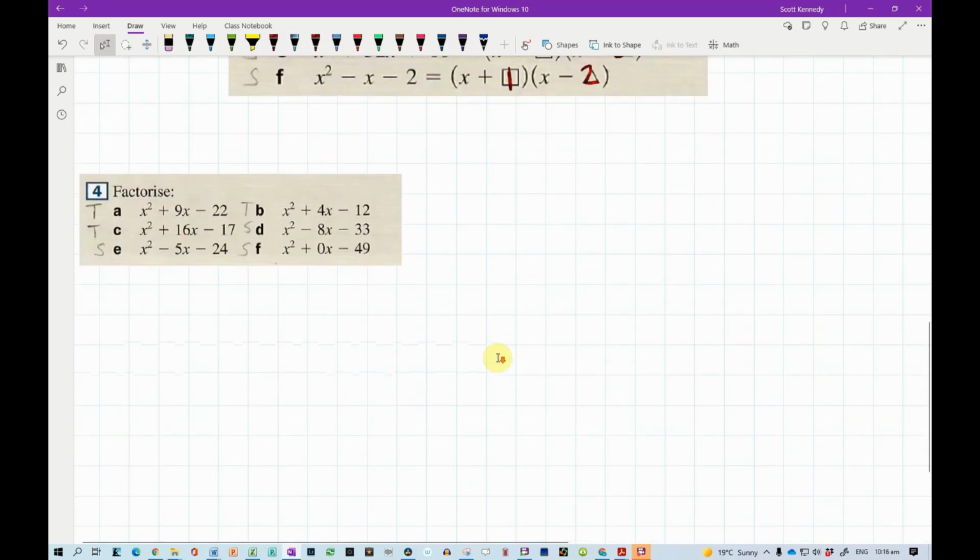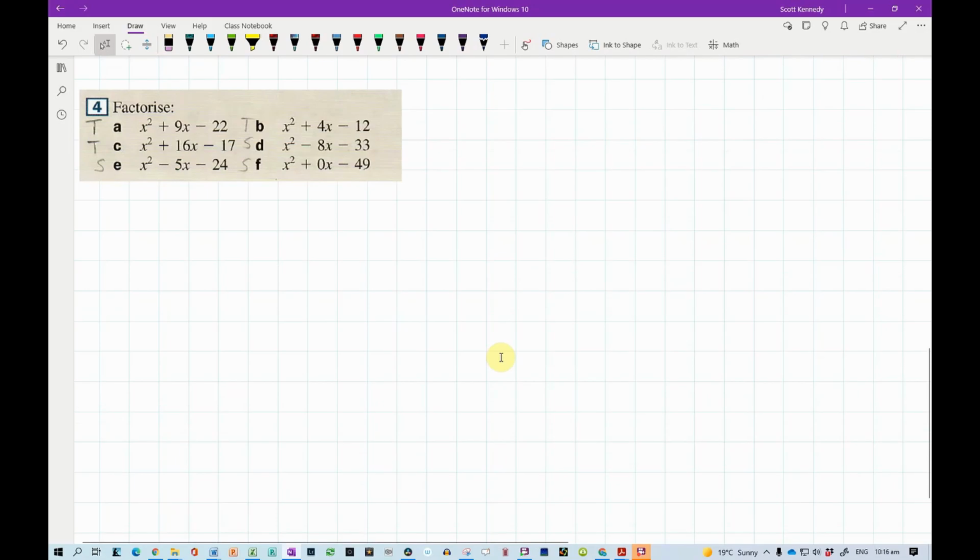Now we're moving on to the non-baby ones. We've got to do them on our own. So, 4a. x squared plus 9x minus 22. So for this one, I'm looking at factors of negative 22 that add to positive 9. And the factors that I'm going to use are 11 and 2. 11 times negative 2.